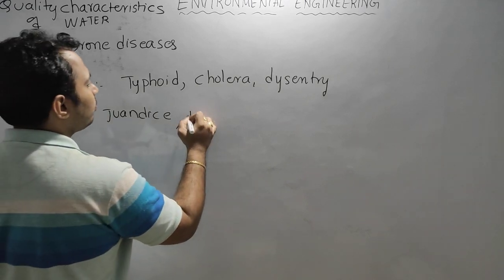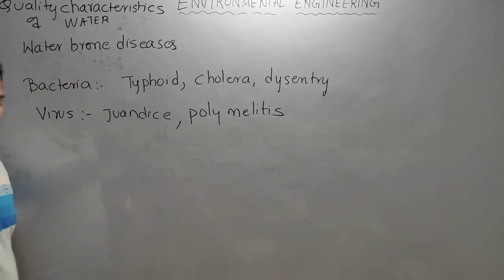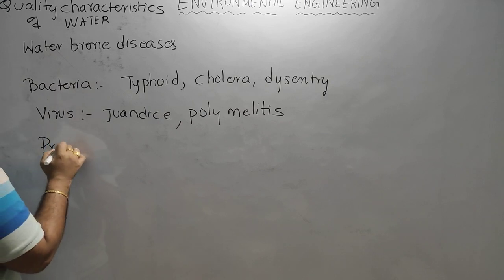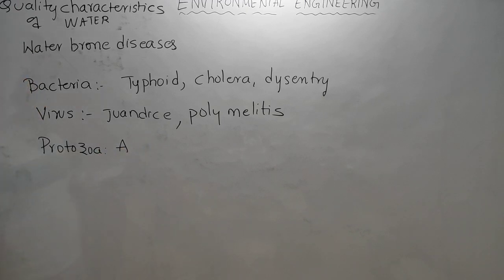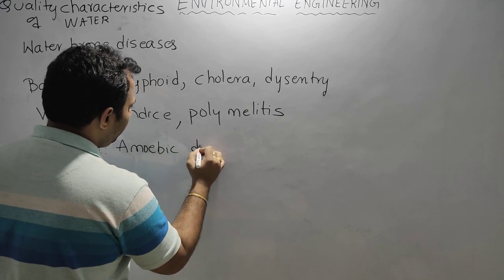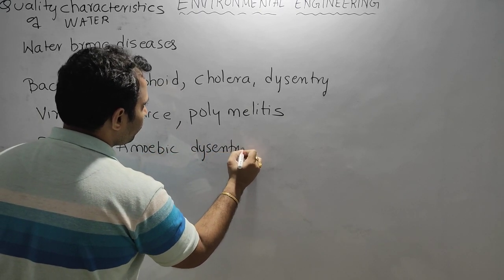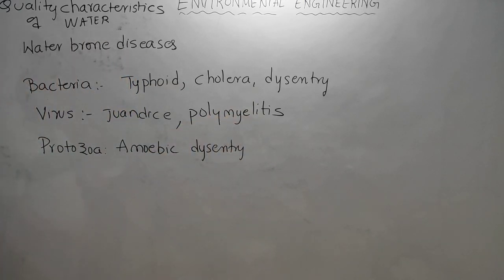And protozoa cause amoebic dysentery. These are the different kinds of diseases caused by bacteria, virus, and protozoa.